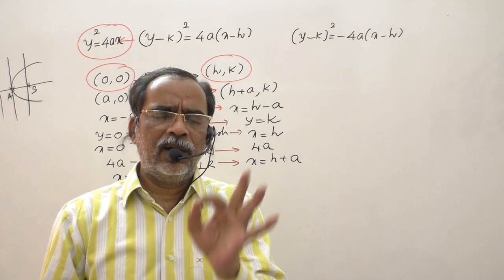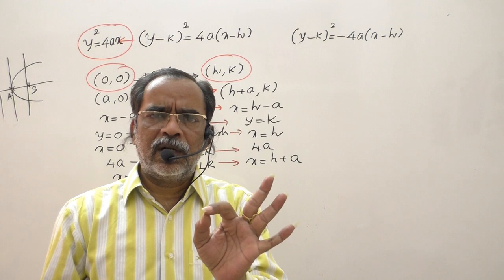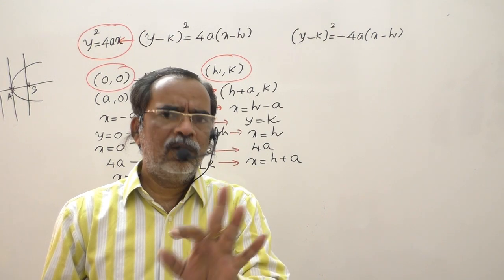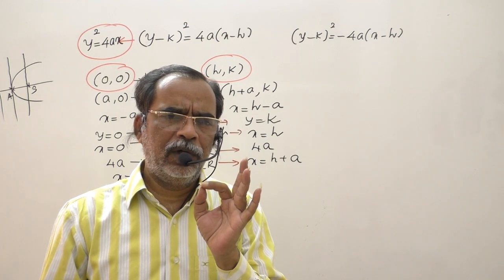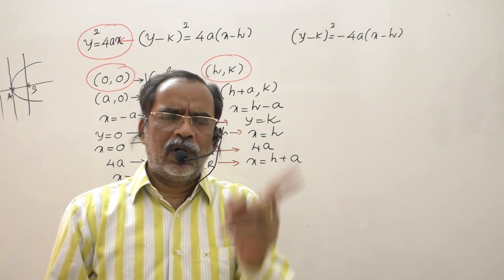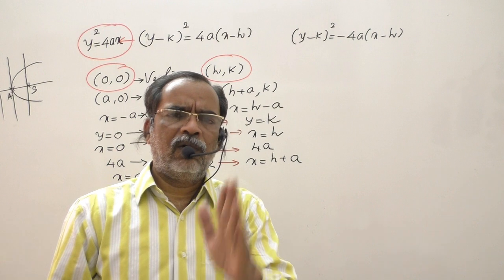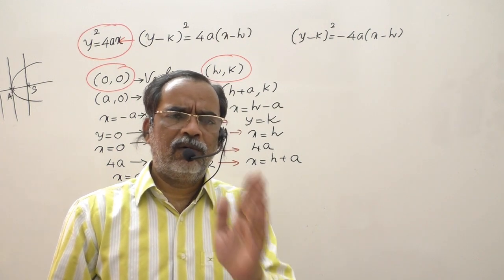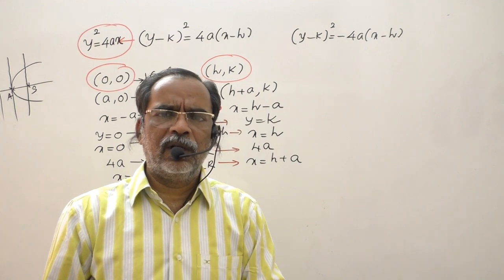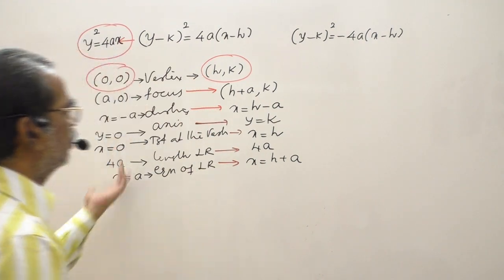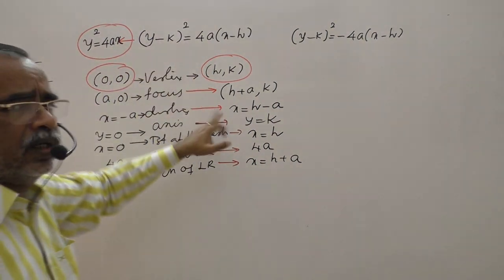So my suggestion: only the first set. There are 4 forms. You learn them perfectly, including the figures. What are the four different forms? What are the figures? What are the vertices, directrices, everything? Then by observing those, you can write these.